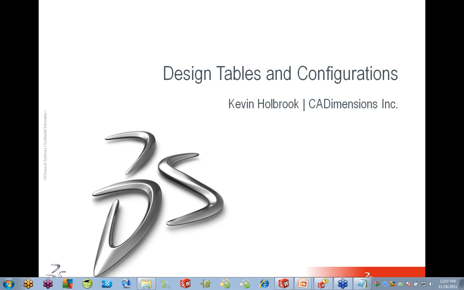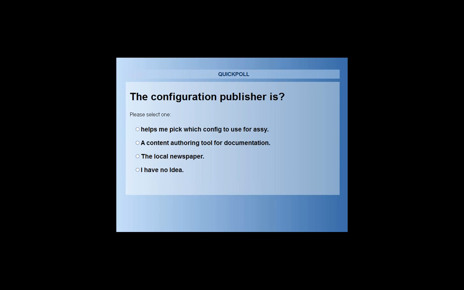The last poll I have is really related to configurations, but it's related to another tool. Let me go ahead and launch this. The configuration publisher is, and please don't be embarrassed, I can't see who votes here, but there's a tool called the configuration publisher that I'm going to talk a little bit about today. I want to get an idea of who's used it. Okay, we got 22% voted here.